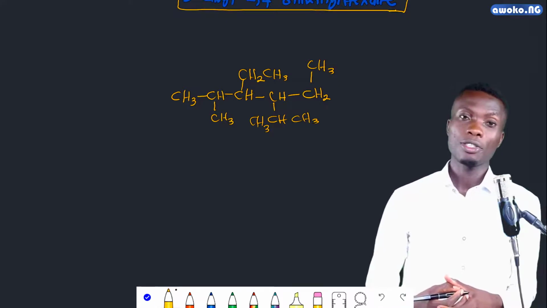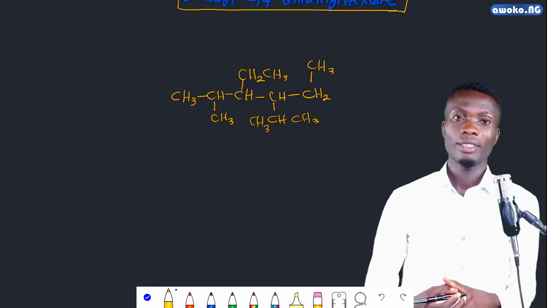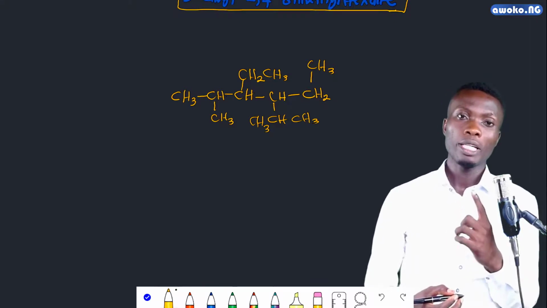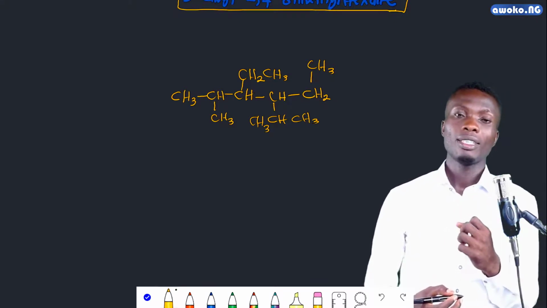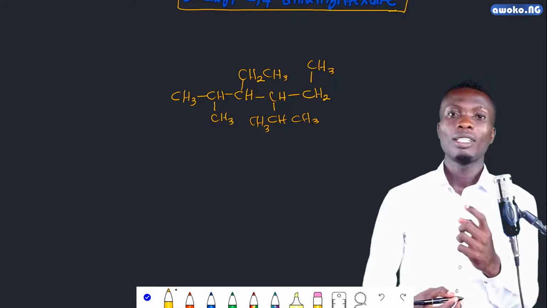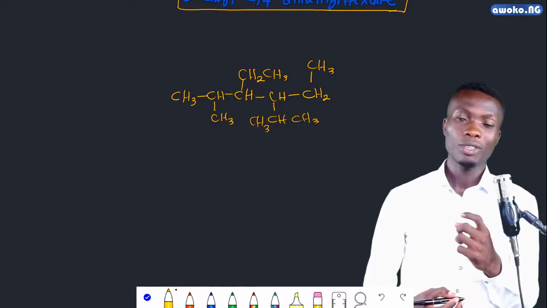And secondly, you should know that you can count from all sides as far as it gets towards giving you the longest continuous carbon chain. The only rule that will limit you to a particular side is that rule that states that you count from the side that will give the first branch the lowest possible number.